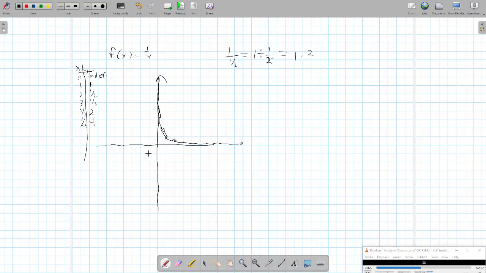If we plug in -1, well, it's very similar. 1 over -1 is -1. 1 over -2 is -1 half. -3 is -1/3. So this side is doing this.